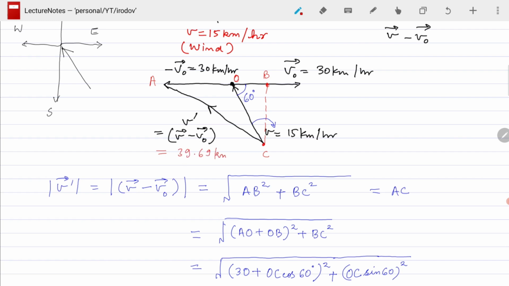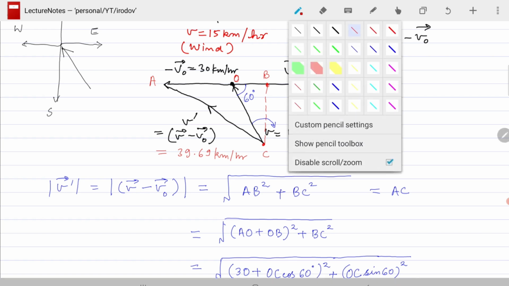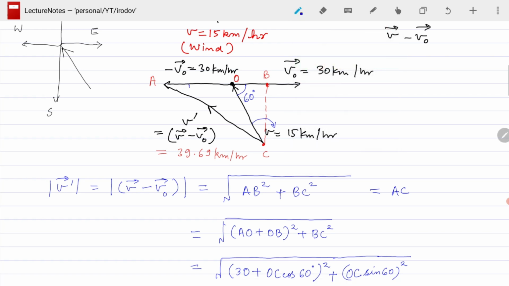Now that we have found AC, the next step is to find the angle phi dash between the equator and the wind direction in the reference frame fixed to the ship. So this is the angle phi dash that we have to find out. We can use the sine of this angle.